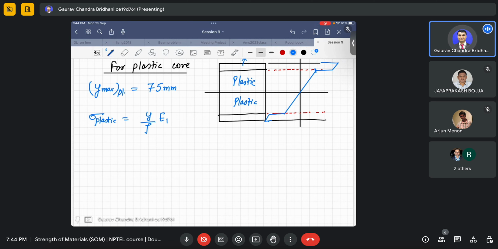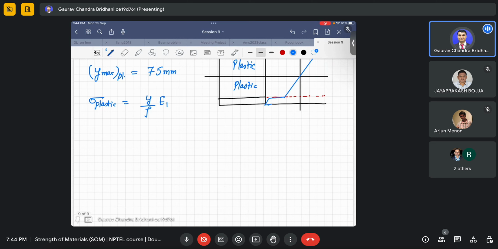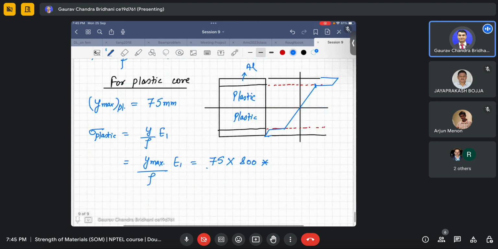So it is y max divided by rho into E1. y max is 75 mm, E1 is I think 800 MPa, and 1 by rho we already found, that is 3.29 into 10 to the minus 6.